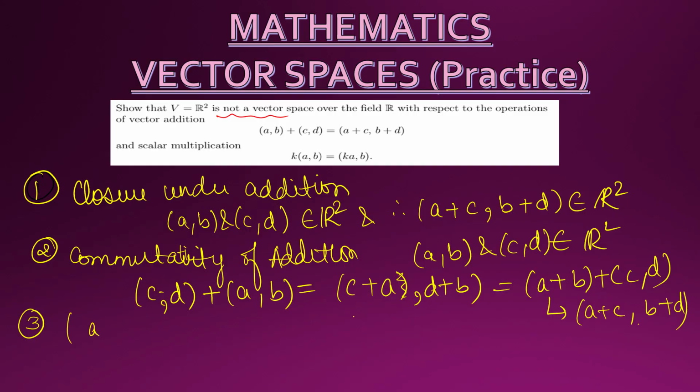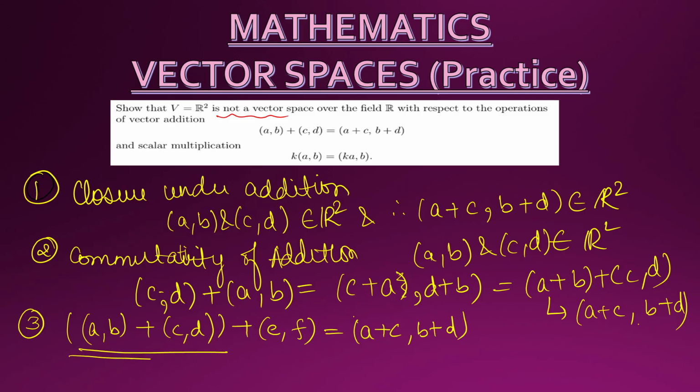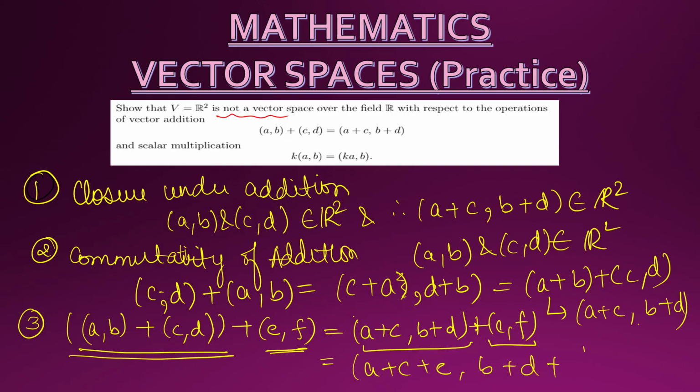A comma B plus C comma D plus E comma F. This will be equal to A plus C comma B plus D, taking this bracket first and then taking the next part, plus E comma F. Now when you apply the property taking this as 1 and this as 2, we'll get A plus C plus E comma B plus D plus F.